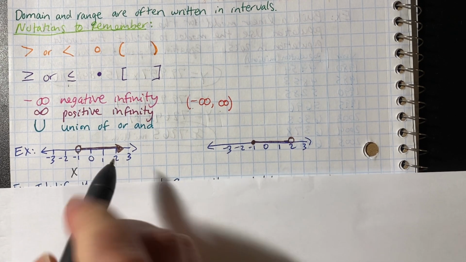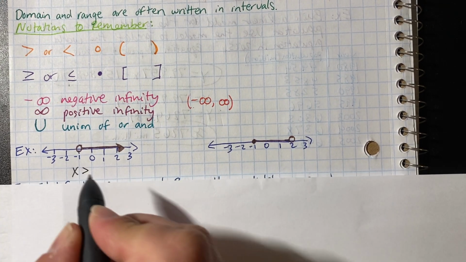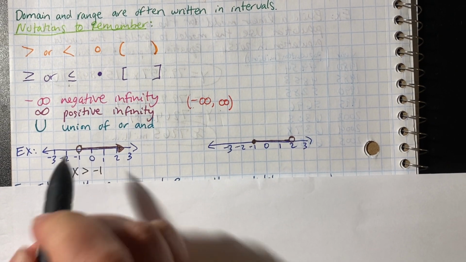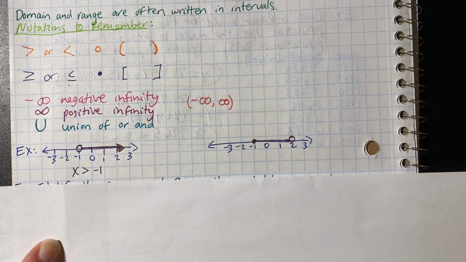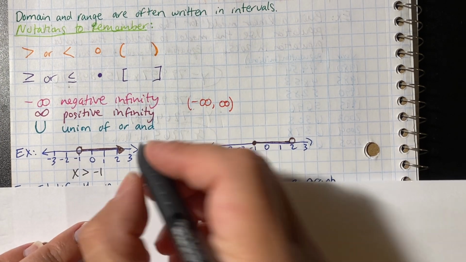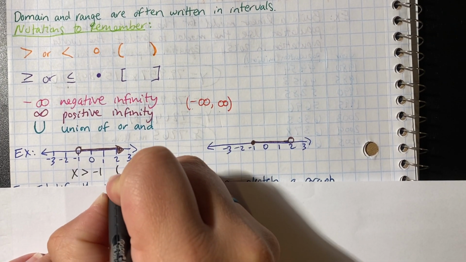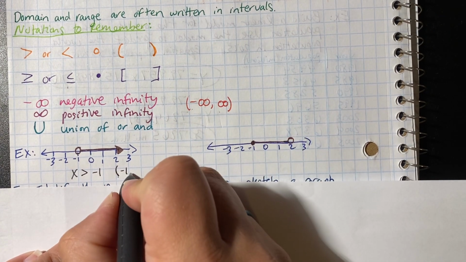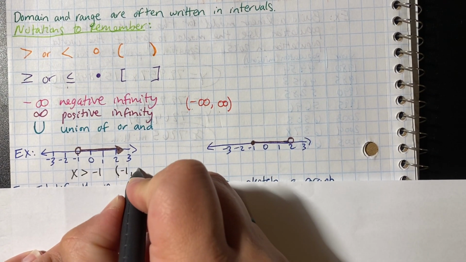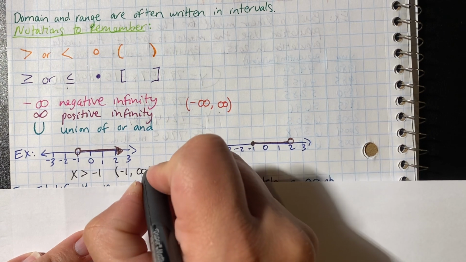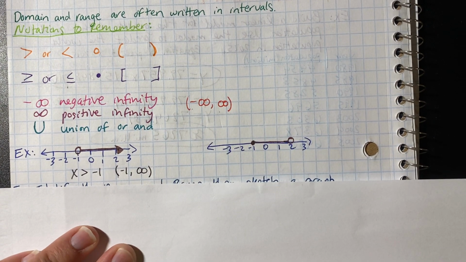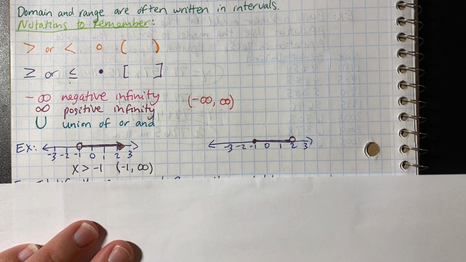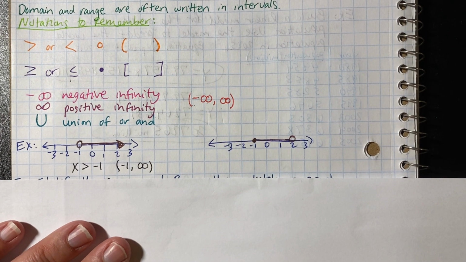We're going to the greater direction, so we're going to say greater than -1. The open arrow means we aren't including -1. The other way to write it would be a parenthesis, -1, and it's going to go on forever, so it's going to go to infinity. Infinity always has a parenthesis next to it. So these are two ways that we can write what this graph is telling us.